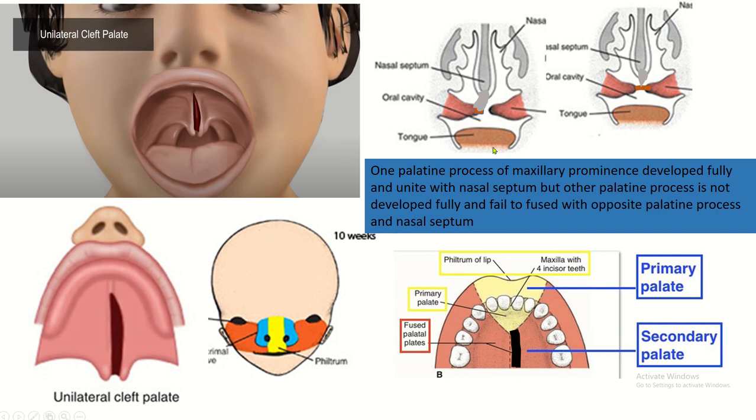But what happened here, one palatine shelf is fully developed and unites with the nasal septum, but the other palatine shelf is incompletely developed and fails to fuse with the opposite palatine shelf and also fails to fuse with the nasal septum. So this is the unilateral cleft palate.